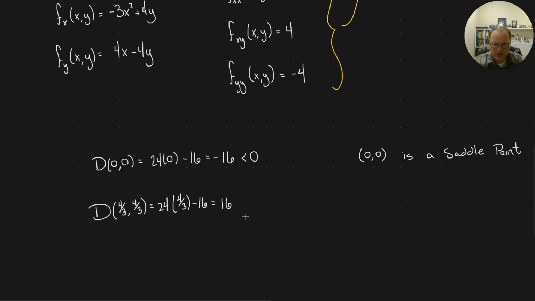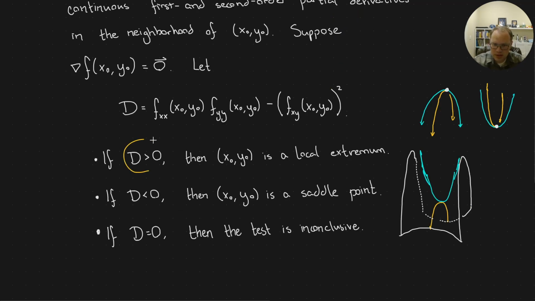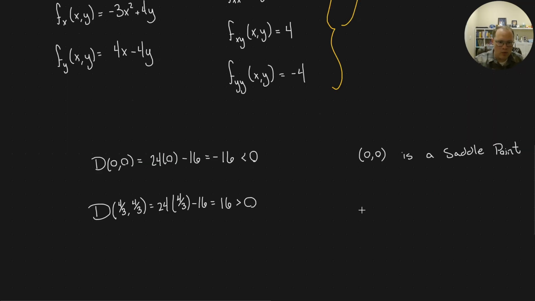I'll get positive 16. Positive 16 is a positive number. When my discriminant is positive, then I have a local extremum.